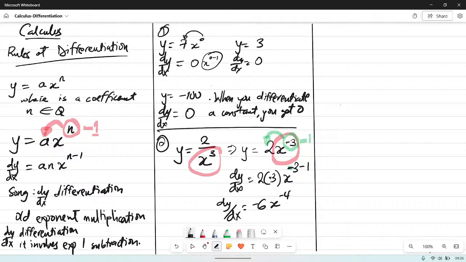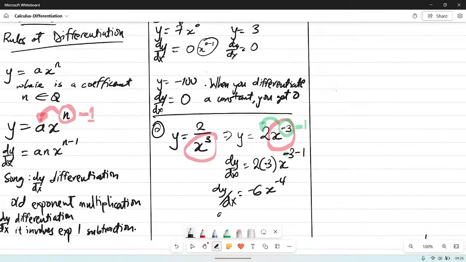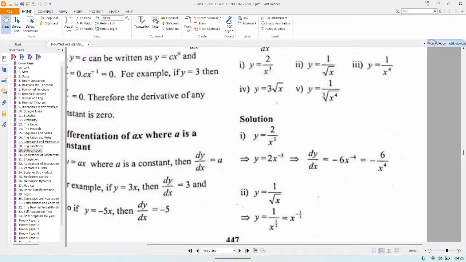A fraction. So give your response back in terms of a fraction. So dy/dx becomes -6 all over x exponent 4. Whenever you change this to a fraction, the negative will become positive. Are you okay? Then we're going to check the solution. You can see that yes, that's the solution.